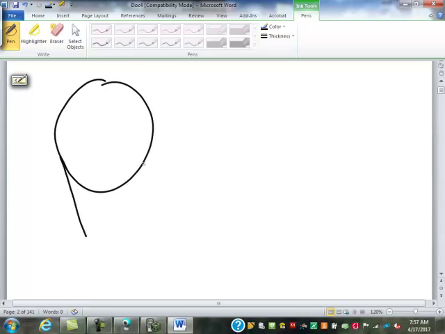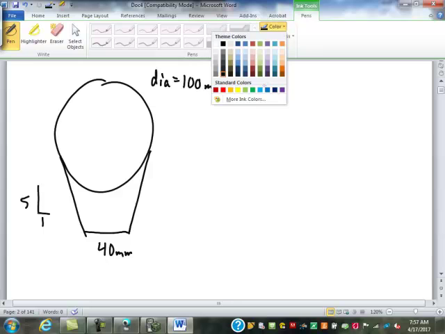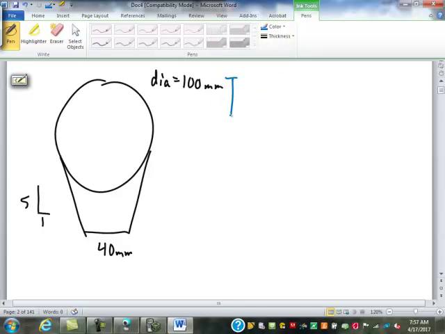Pretend that's a circle. Let's say all I wanted to find out here is how tall this is. These are tangents.